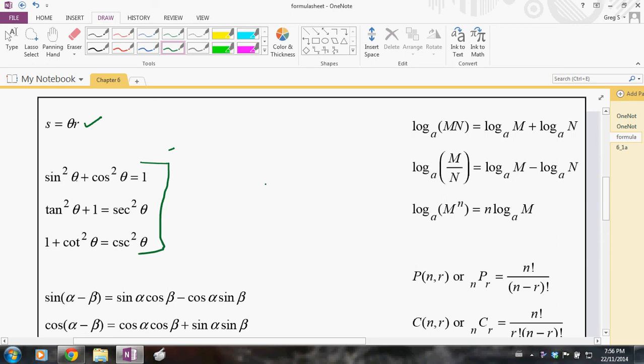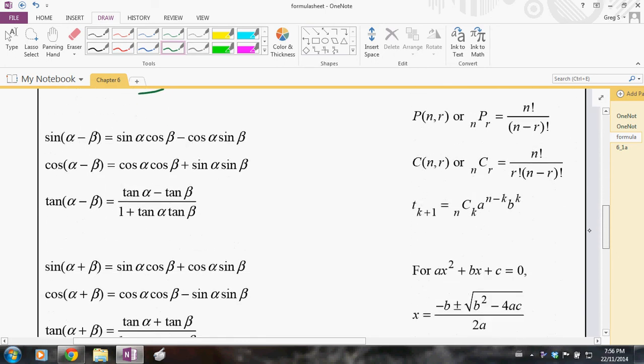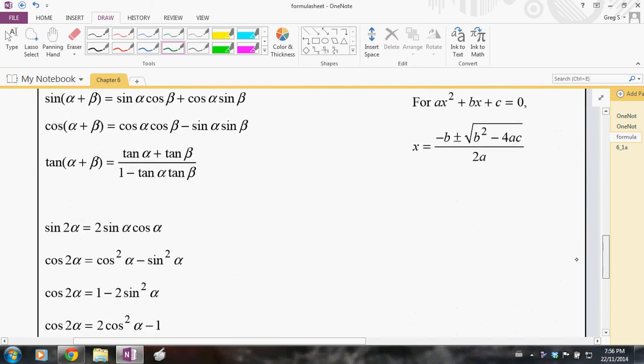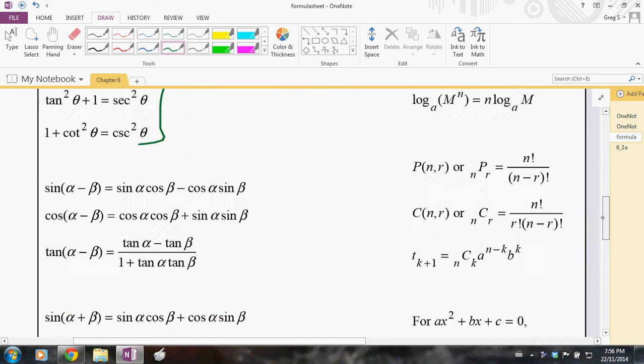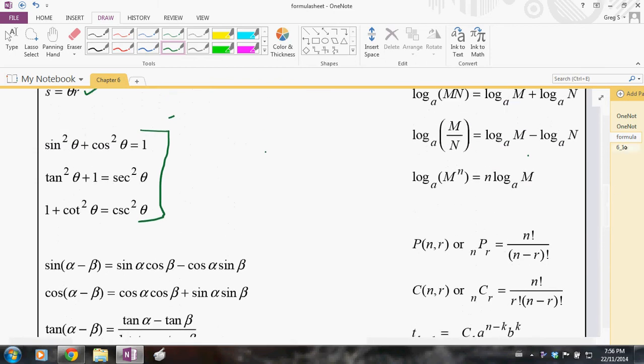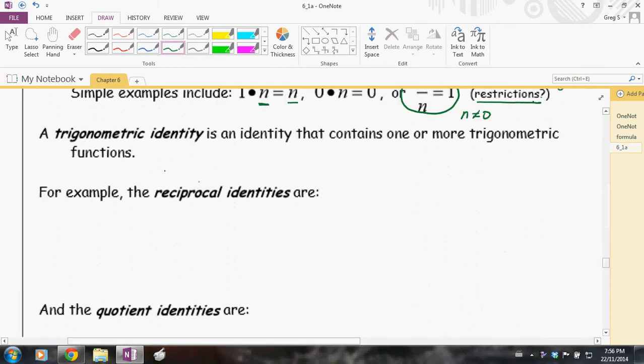But these ones here, which are coming up, not in today's lesson, but I think in tomorrow's lesson, you don't have to memorize. So in our formula sheet, this left-hand column, all those ones we're going to be doing in this chapter. So it's kind of a nice thing that we don't have to memorize them. But the piece I'm going to give you right now, you should know. You should get it memorized.